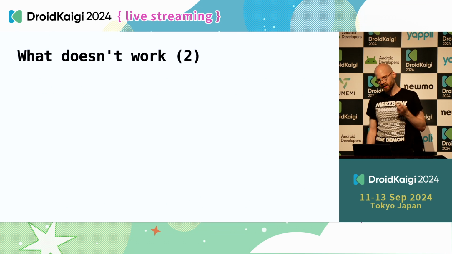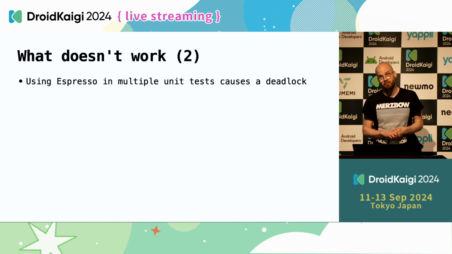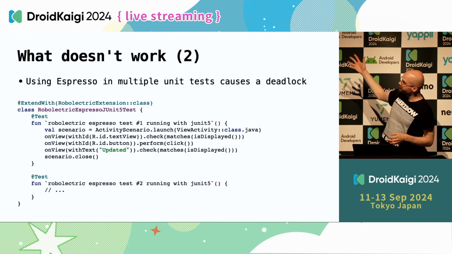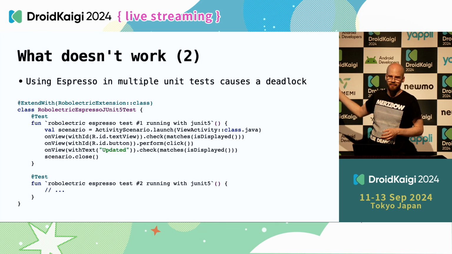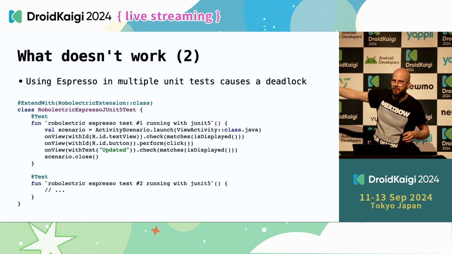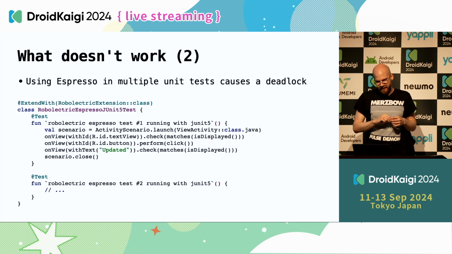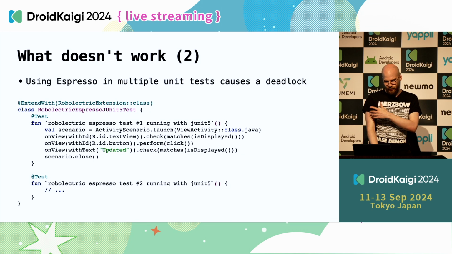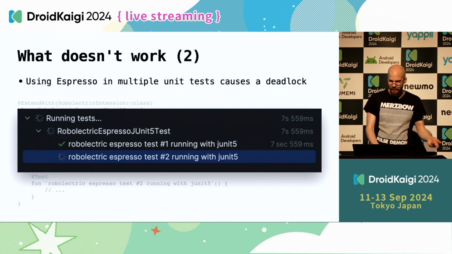What doesn't work? Exhibit 2. If you use Robolectric together with Espresso, you can cause a deadlock. This class has 2 methods with Espresso. Let's pretend the second one also has Espresso. And if you run this class with Robolectric and Espresso together, then the first one runs just fine.